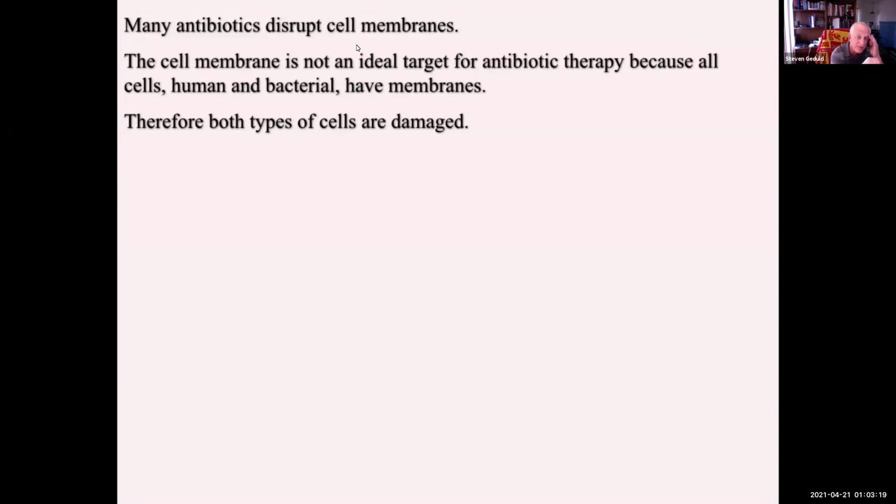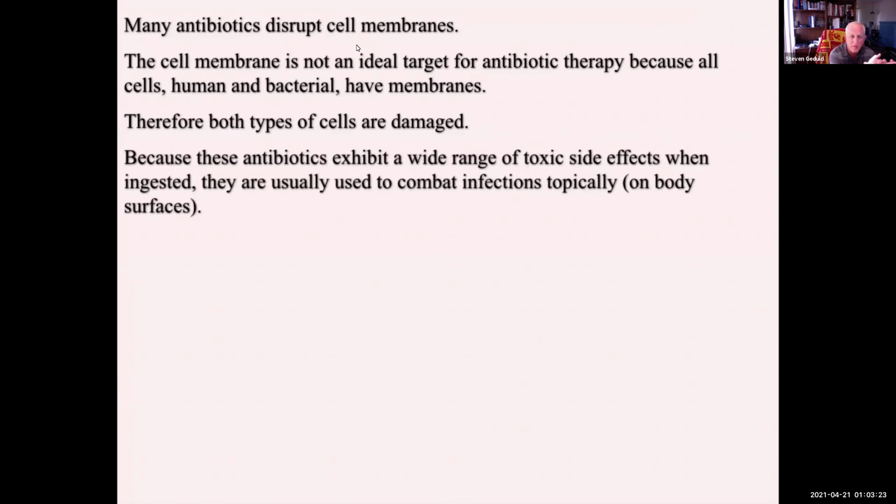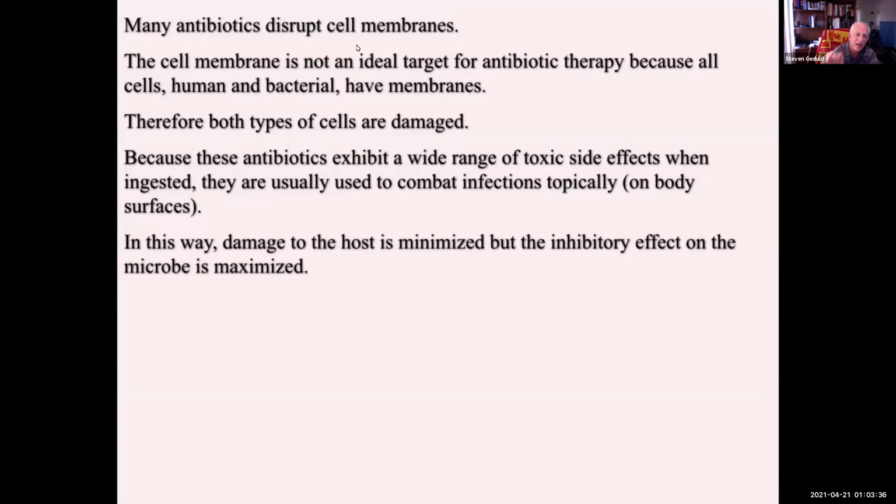Therefore, both types of cells are damaged. Because these antibiotics have a wide range of toxic side effects when ingested, they're usually used to combat infections topically on your body surfaces. So the ones that damage cell walls we usually use as topical antibiotics. In this way, damage to the host is minimized, but the inhibitory effect on the microbe is maximized.